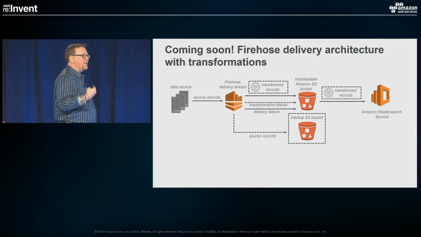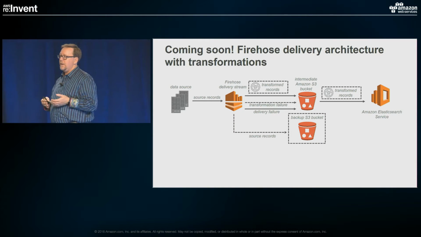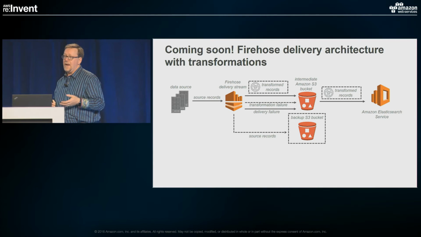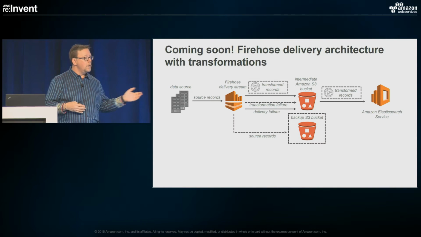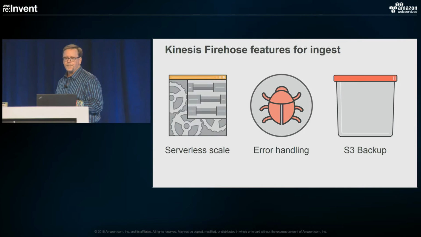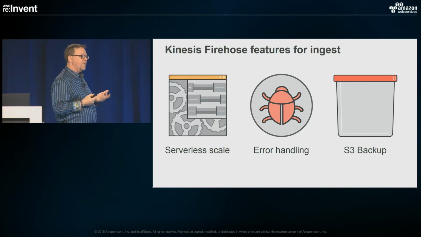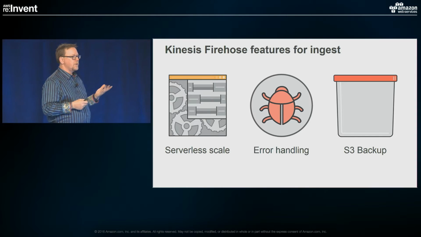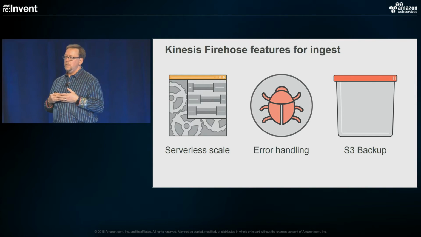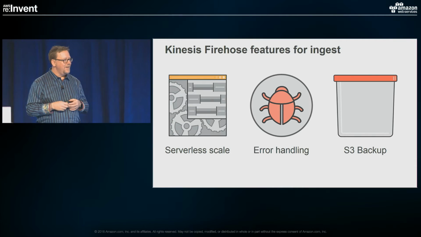When that rolls out, it'll be easy to just push your logs straight into Firehose, or Firehose can actually monitor your log files for you, and send them straight through to Elasticsearch. Again, for ingest, I think Firehose is great. So number one, serverless and scales infinitely, essentially.